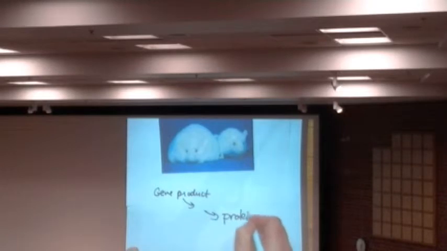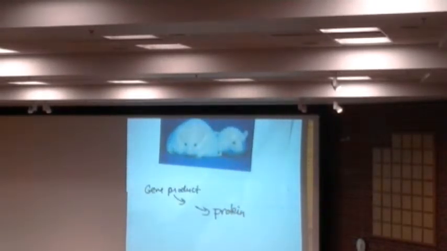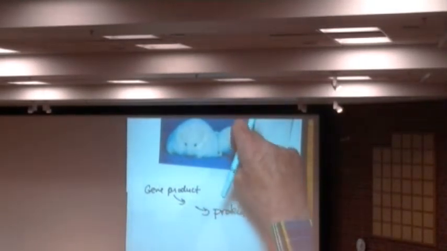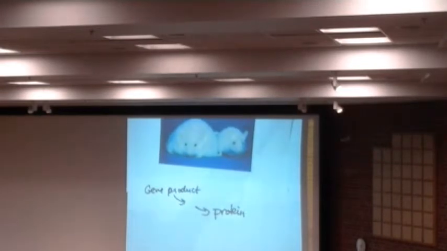There is a protein found in the blood of these obese mice at much, much different levels than the level of that protein in the normal mice.